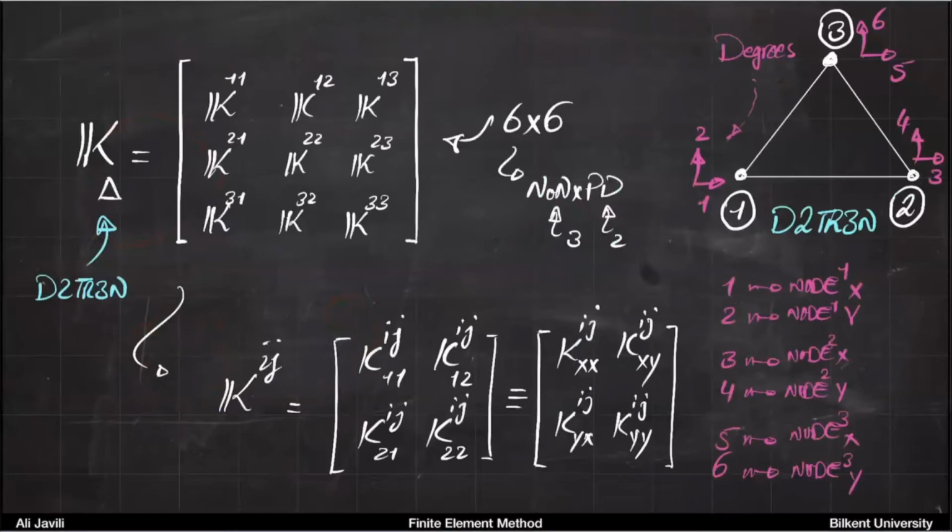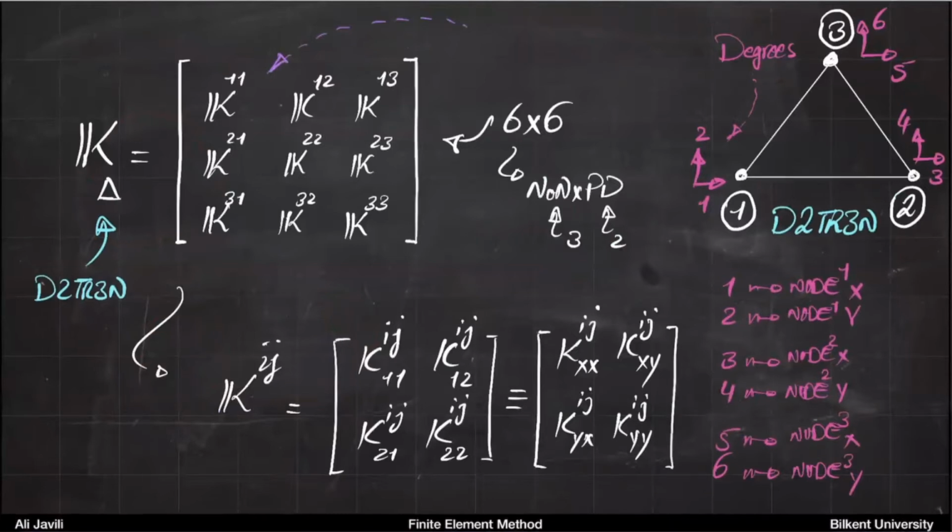So if you think of it that way, for instance, again about K11, you can think of it as being delta F at node 1 divided by delta U at node 1. All right.